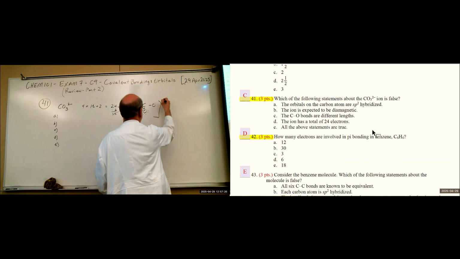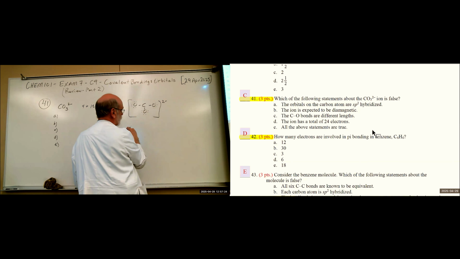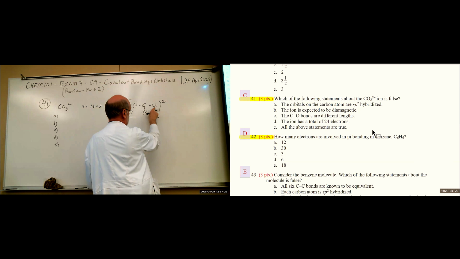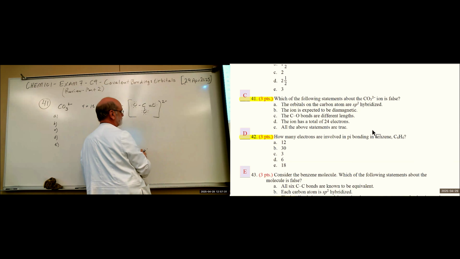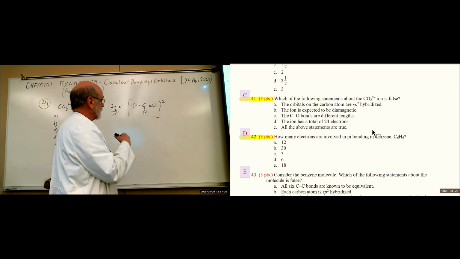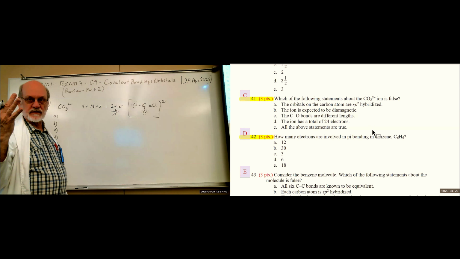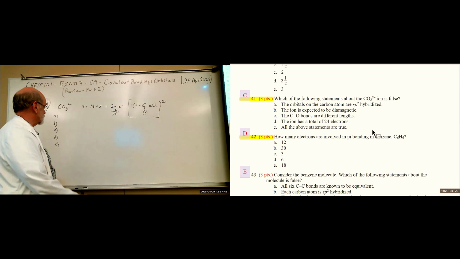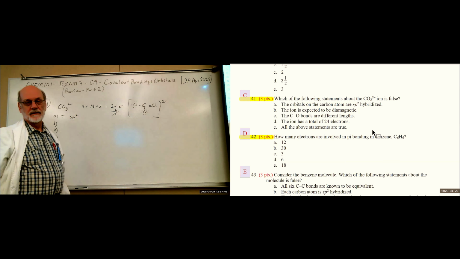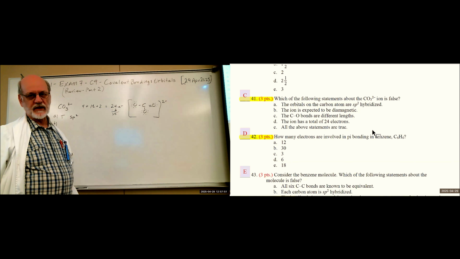It says 2 minus charge, and we would have to resonate with 3 possible Lewis structures. One of them would be that, the other one would have a double bond here and the other would have a double bond there. But there are only 3 groups around that carbon, so that's s and 2 p's, sp2. So A is true. It is sp2 hybridized under the valence bond theory.